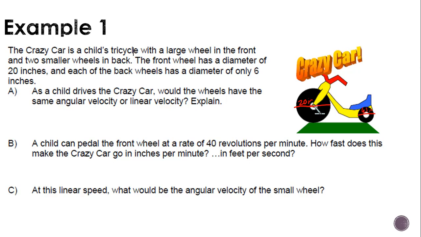Which one would they have? Angular. Linear. Why would they have the same linear velocity? Because they're different sizes, that has nothing to do with it. Is it because they're connected? They're not on the same axis. They're connected though, by the body of the tricycle.